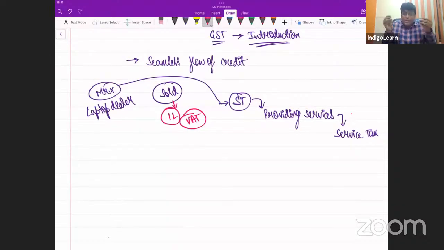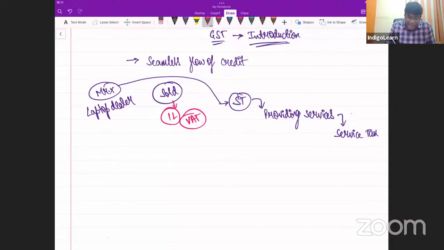That was the tax existing prior to GST. For interstate sale of goods there was CST, and for intrastate sale of goods there was VAT.